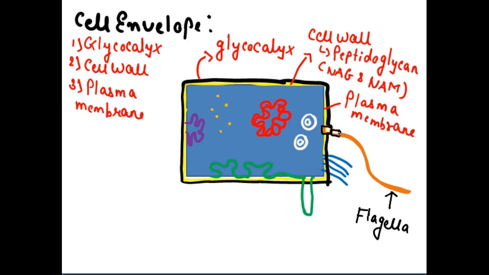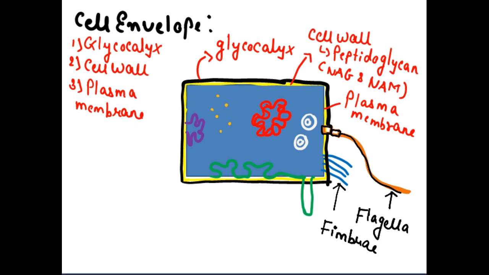Now another structure is called fimbriae. These fimbriae help the bacteria attach to the substratum. The word substratum refers to the host or any tissue of the organism where the bacterial cell gets attached.